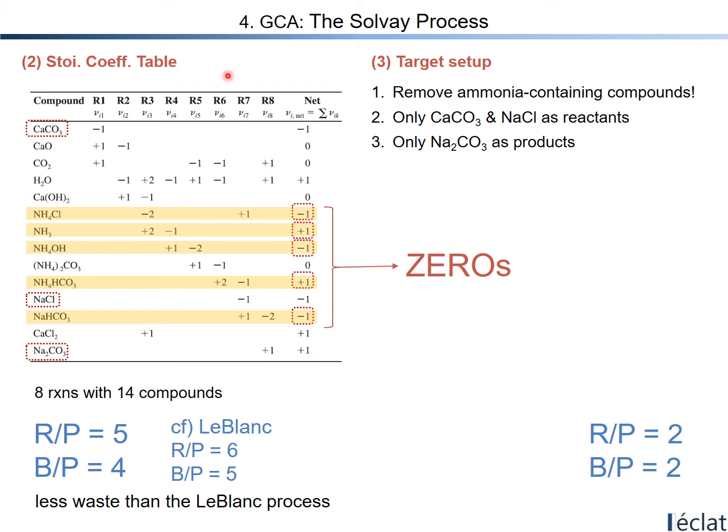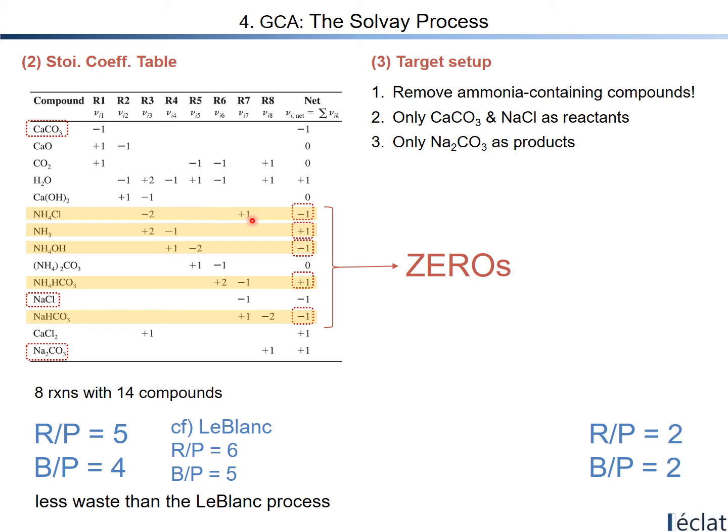So for example, calcium carbonate is -1, only -1 for reaction 1, so just -1. Well, let me go to the ammonium chloride. -2 for reaction 3 means ammonium chloride is consumed for making something. And also in reaction 7, ammonium chloride is produced.